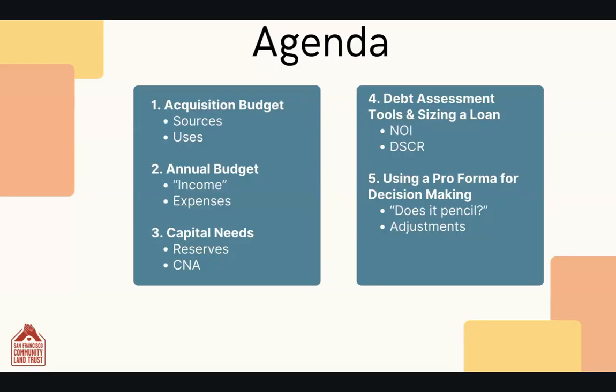And then we'll talk more generally about how it can be used for decision making. The kind of eternal question of, does this project pencil, meaning is it financially sustainable, looking into the future? And then what kind of adjustments can we make to the pro forma to try to get it there if it's not there yet?